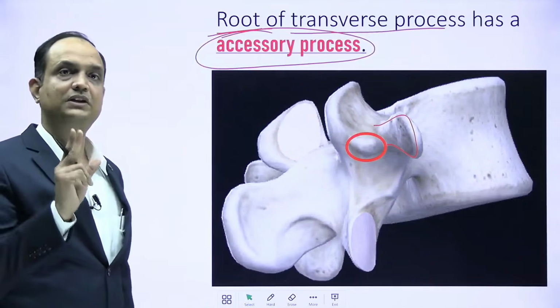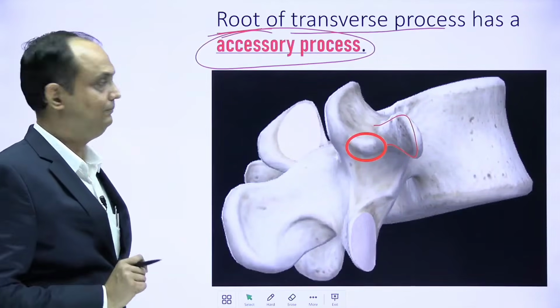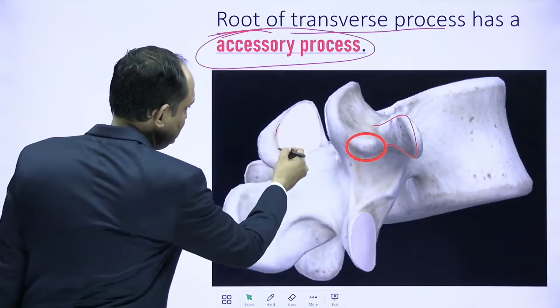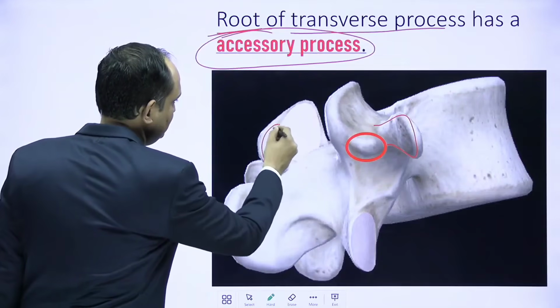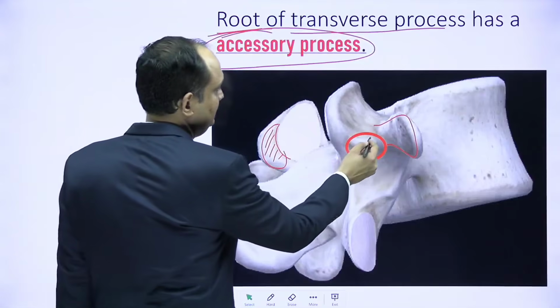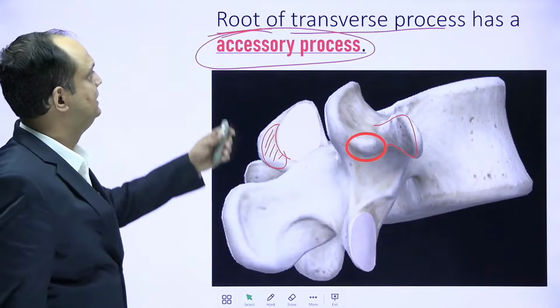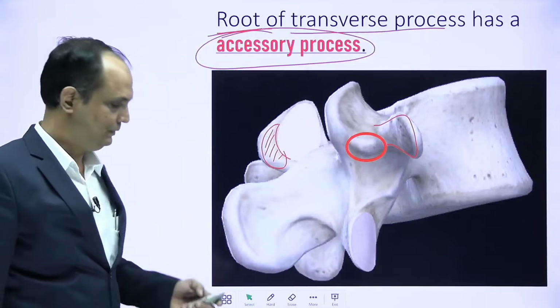So there are two additional processes which you have to keep in mind in case of lumbar vertebrae. One is this posterior process, known as the mammillary process, and one process near the root of the transverse process, and that is the accessory process.